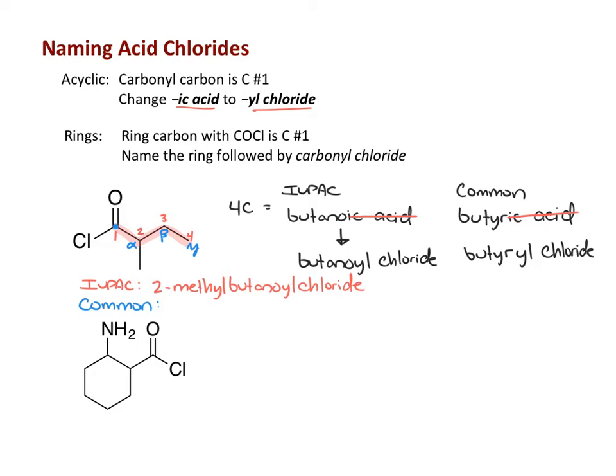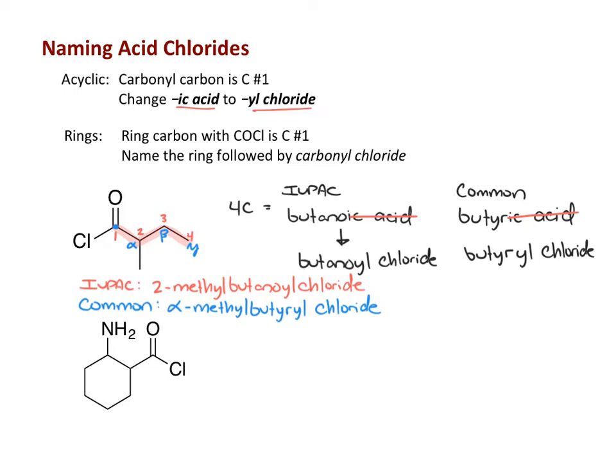So in the common system, we have the methyl group at the alpha position. So we have alpha methyl butyryl chloride. If you're using the common parent name, you need to use alpha, beta, gamma. If you're using the IUPAC parent name, you need to use 1, 2, 3, 4.